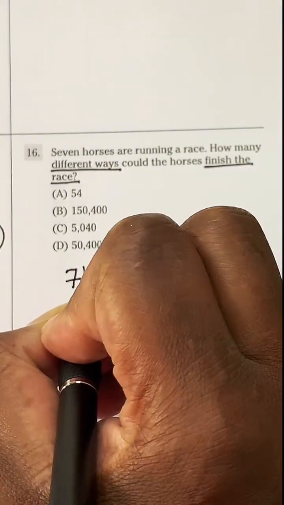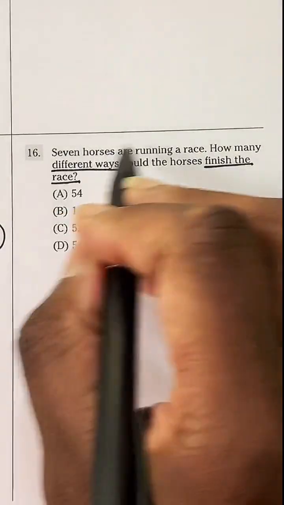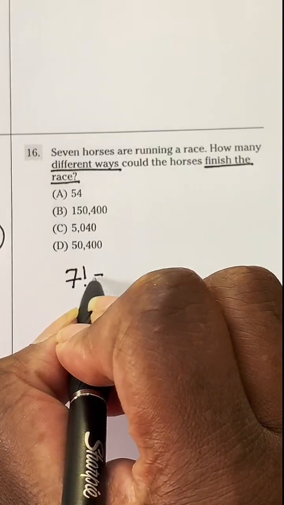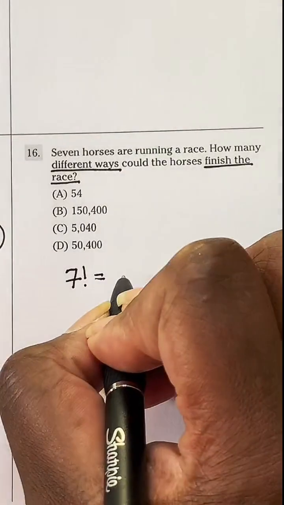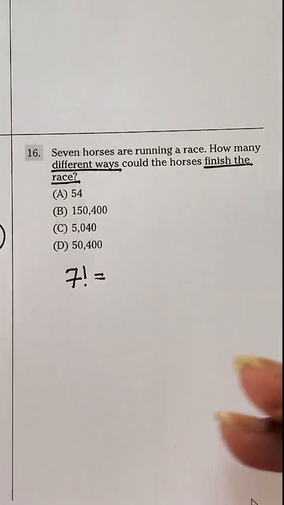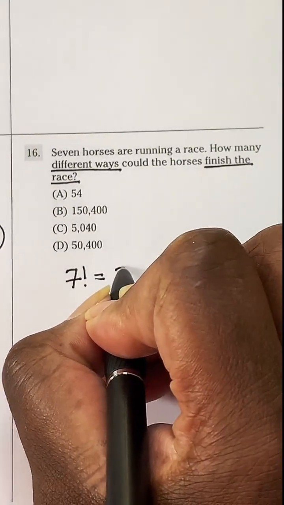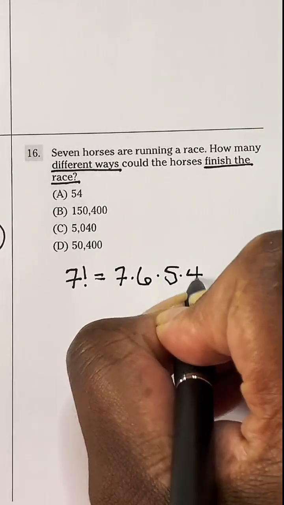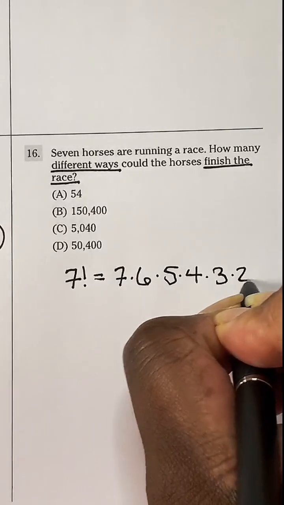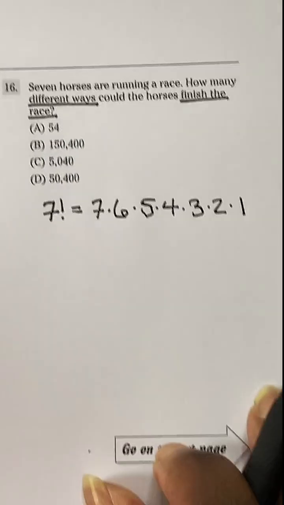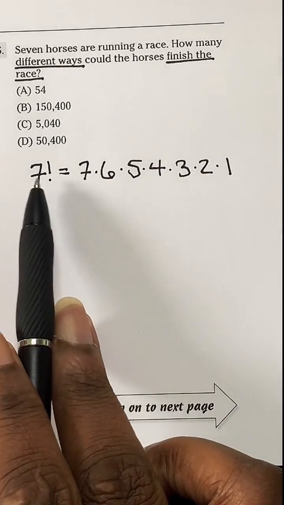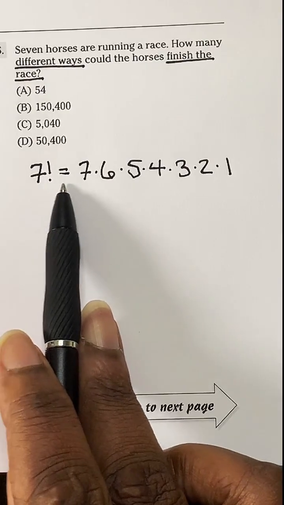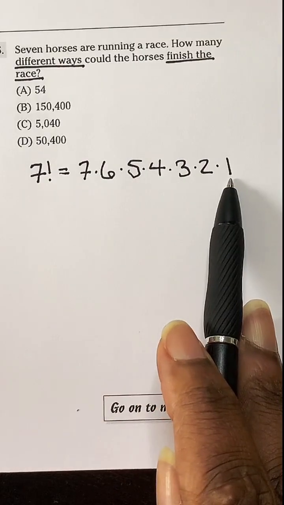There's 7 horses, so we get 7 factorial. 7 factorial means you're doing 7 times 6 times 5 times 4 times 3 times 2 times 1. The factorial tells you to start with this number and multiply all the numbers lower than it, all the way to 1.